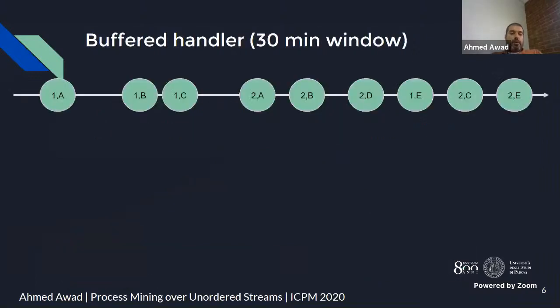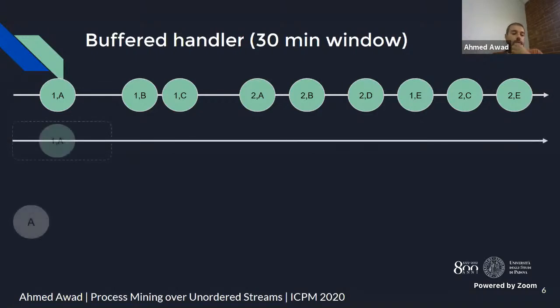Let's assume that in this timeline, we have the events that are generated and could have arrived in the correct order, like an in-order arrival. But what if they start to arrive out of order? Using a windowing approach or a buffer, with the first buffer we just observe this event and construct the directly follows graph.